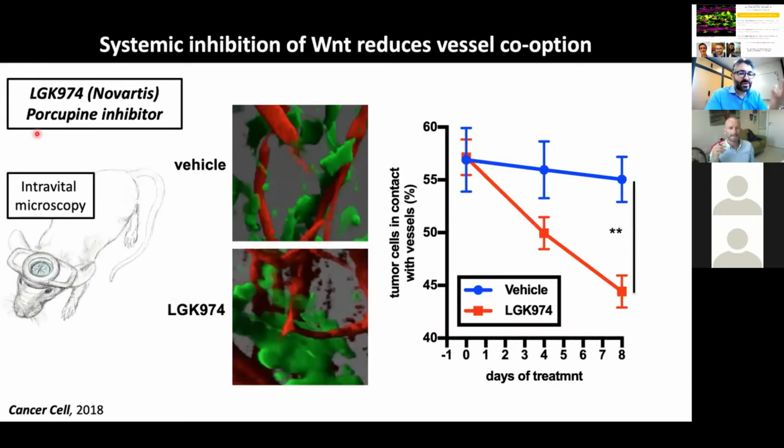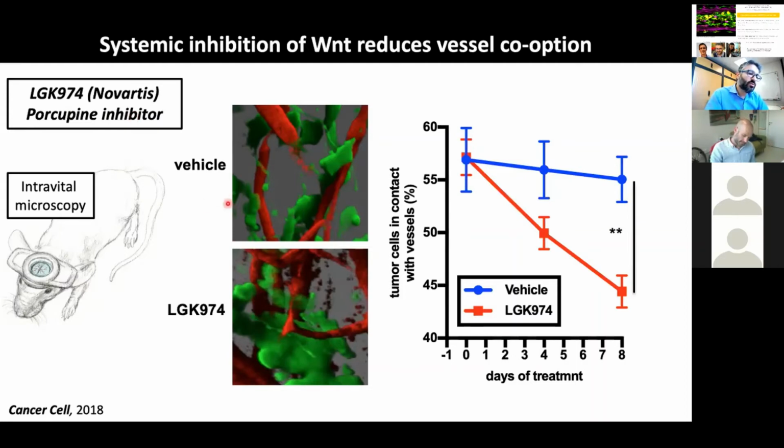We don't have a drug that is specific only for Wnt7, but when I was in Boston, Novartis was there, and they have a large battery of drugs against Wnt. In this specific case, we picked LGK974, a porcupine inhibitor. It's capable of blocking the maturation and secretion of Wnt, all Wnt.